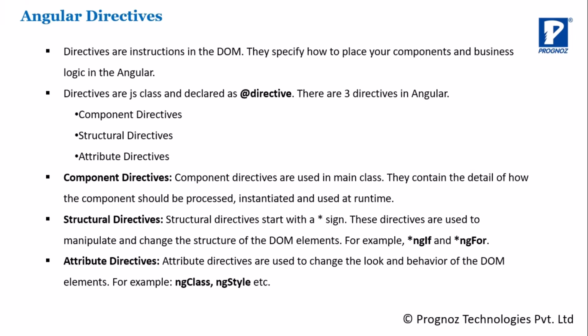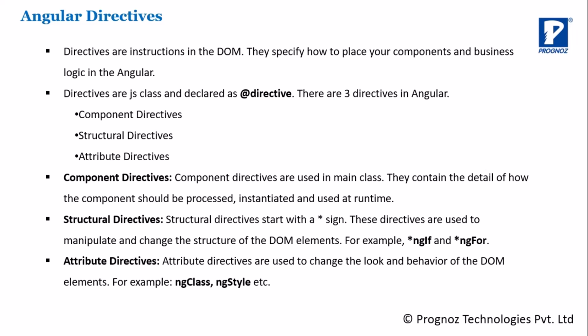Component directives are the main class, the app.component.ts file we create. That is the component directive, the app component class, which is used at runtime: how it is processed, how the instance, meaning the object, is created, and how it is used at runtime.